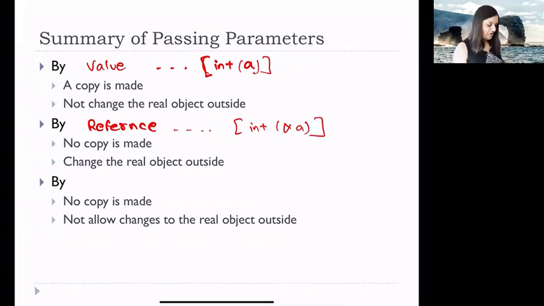Well, aren't we done? No, we have a third scenario too. Smart students should be able to answer this third scenario. We have covered this topic already, and we touched on and discussed it. In what case is no copy made and we are not allowed to change the real object outside?